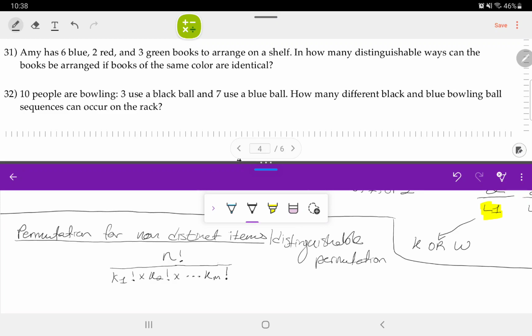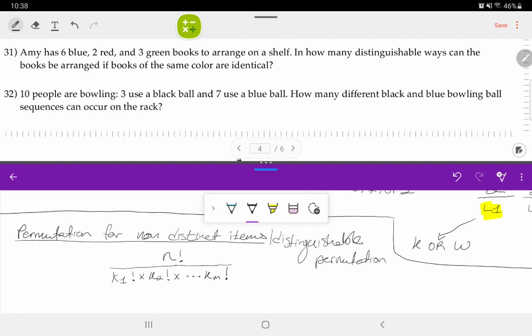The formula says n factorial, n meaning how many books I have in total, divided by k1 factorial times k2 factorial all the way to k of m factorial, where k1 will be how many of the first type of books that I have, which means there are 6 blue books. K2 will be how many red books that I have, and so on and so forth.